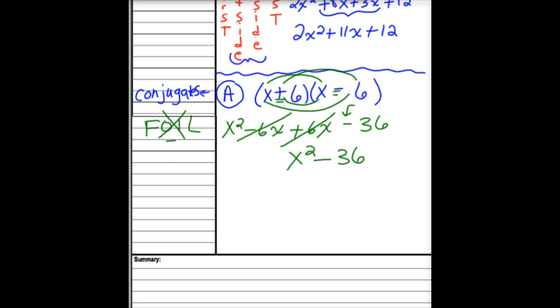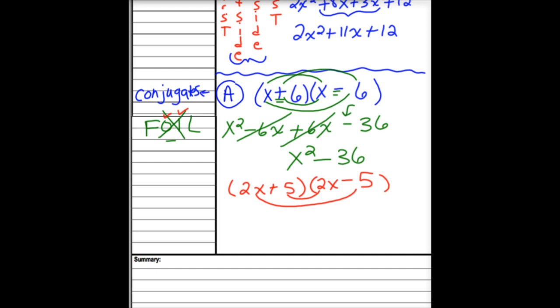So if you spot a pair of conjugates, it can be really easy. Notice what I mean by that is the firsts are identical, the lasts are identical, but the link is different. And if you spot those, you can actually avoid doing the O and the I because they're going to cancel out. You can even see it here. Outside would be a minus 10x, inside would be a plus 10x, and they would go.